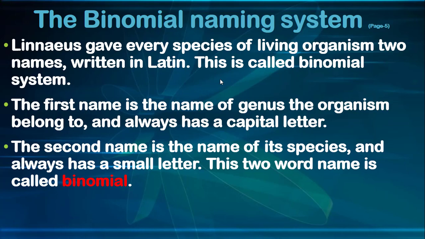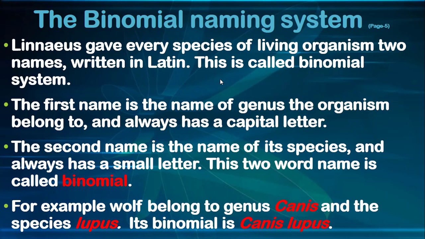Homo is the genus name and sapiens is the species name. So Homo sapiens is the binomial, or scientific, name of humans. For example, the wolf belongs to genus Canis and species lupus, so its binomial name is Canis lupus.